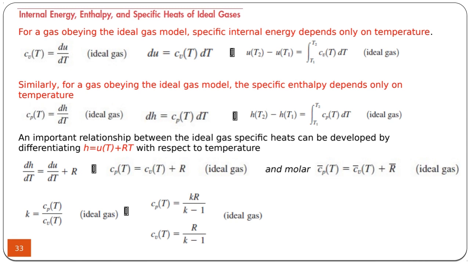Also, again, by definition, the ratio of the specific heats is k equals Cp over Cv, and by using this, you can write Cp as kR divided by k minus 1, and Cv as R divided by k minus 1.